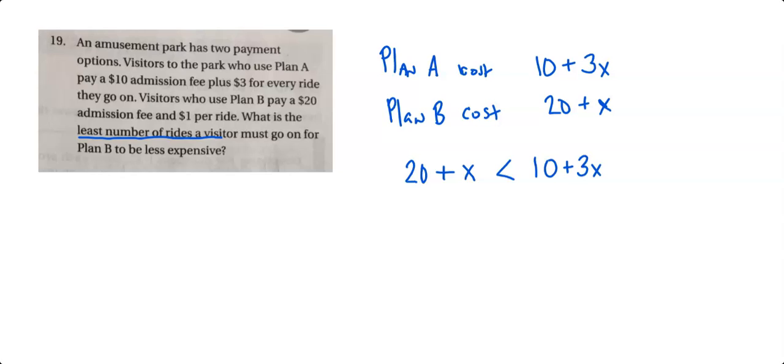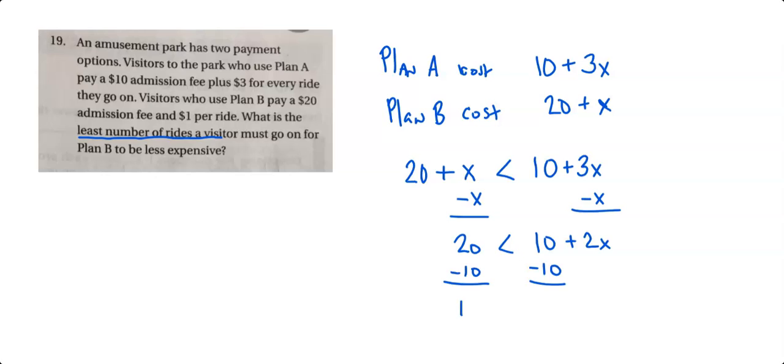So the first thing we're going to do is subtract X from both sides. That's going to give us 20 less than 10 plus 2X. And then we subtract 10 from both sides, and that'll give us 10 less than 2X.